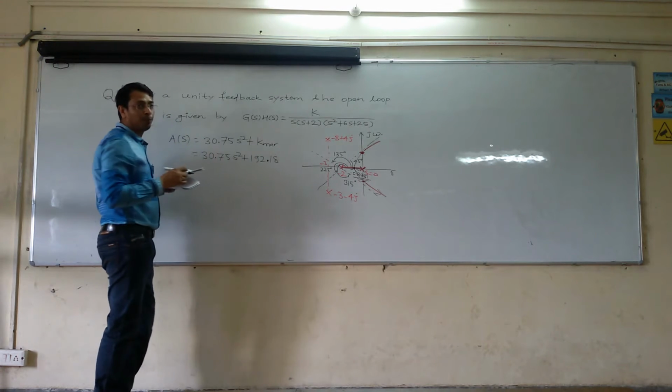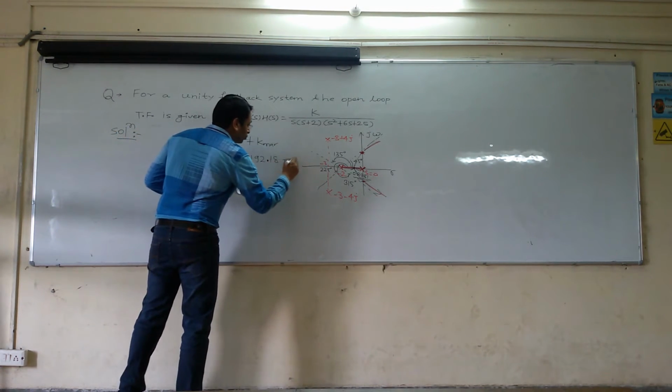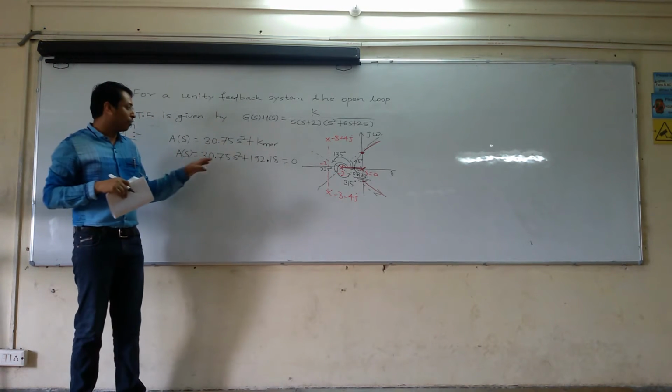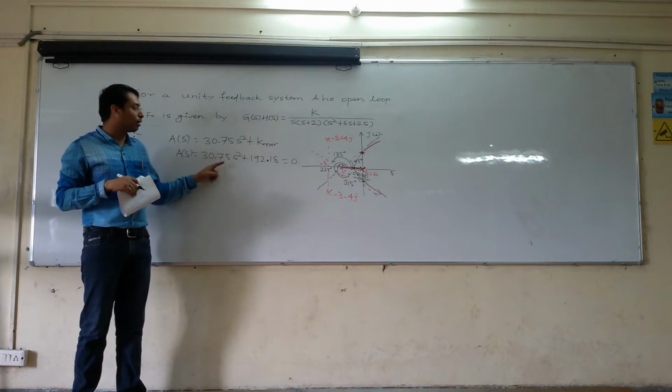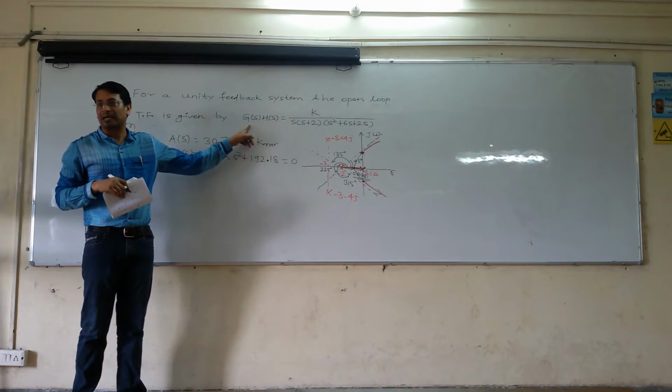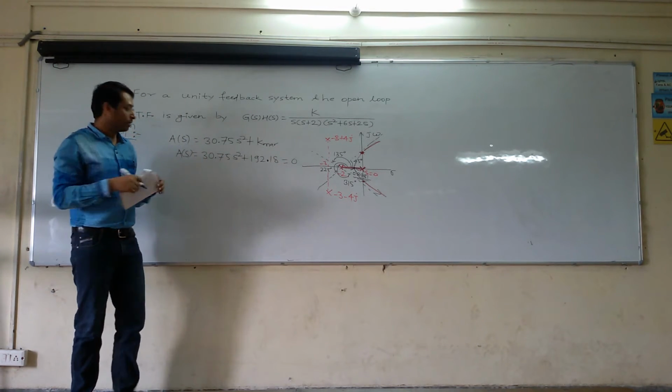If you put this auxiliary equation equal to 0, you know the meaning of the auxiliary equation. The roots of the auxiliary equation are also roots of the characteristic equation for this given value.